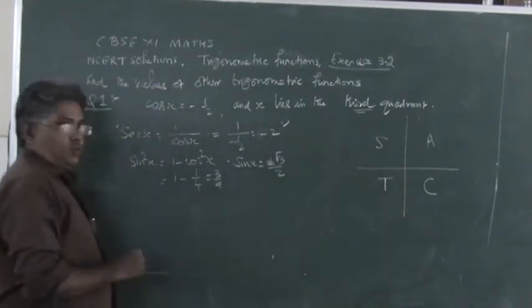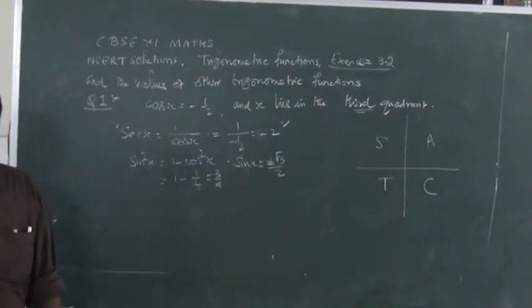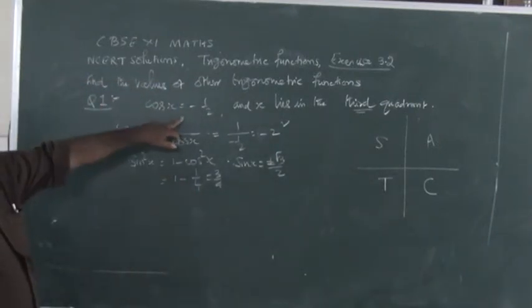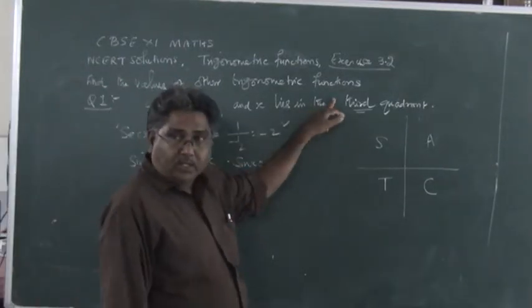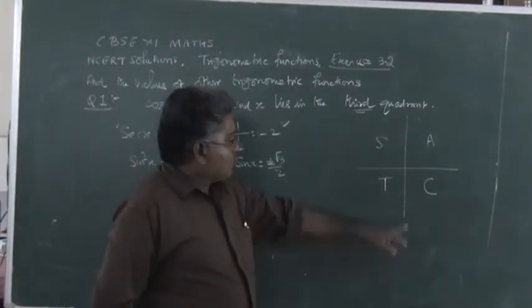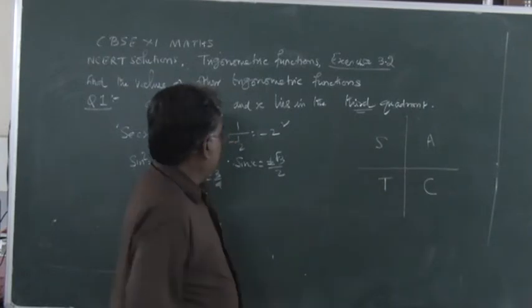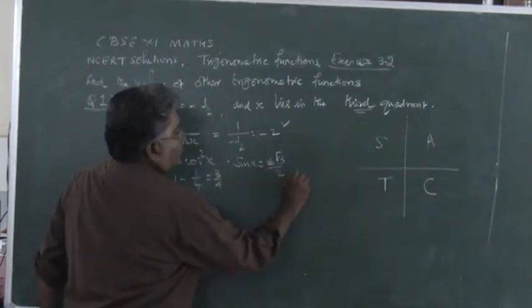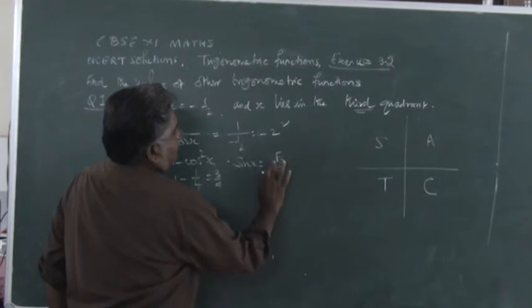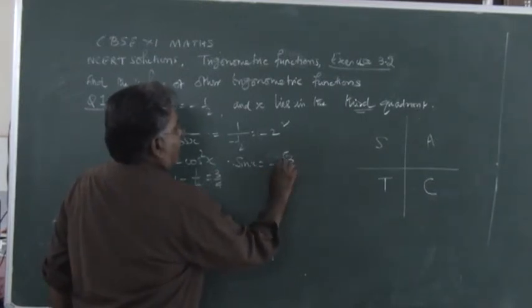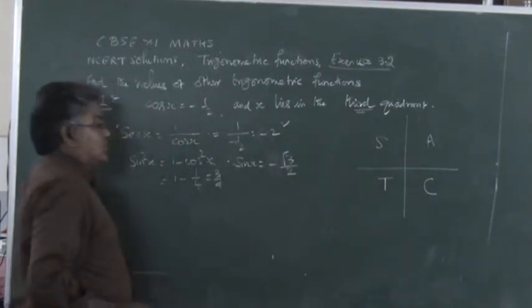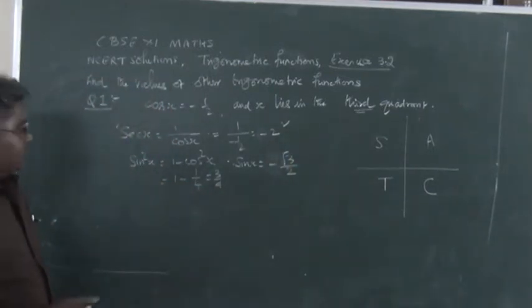Sin x should be plus root 3 by 2 or minus root 3 by 2. But it is given x lies in the third quadrant. Third quadrant only tan is positive. Sin is negative. Therefore, you will have to leave that positive symbol, take only the negative of root 3 by 2. So sin x is minus root 3 by 2.